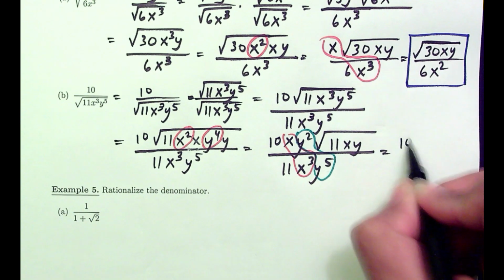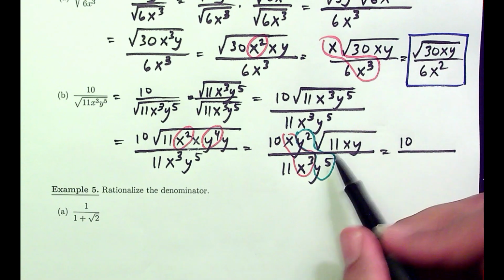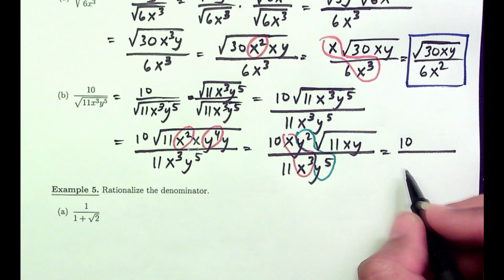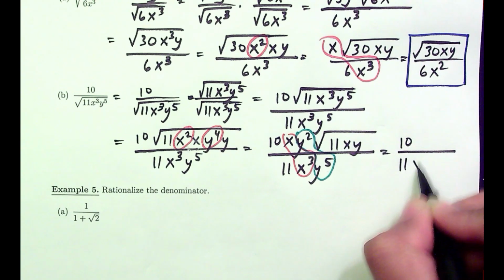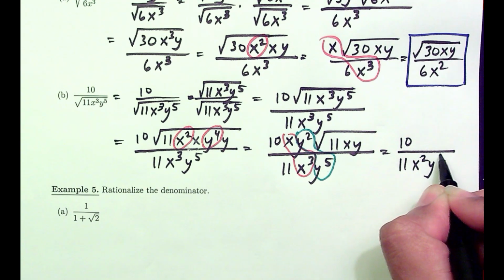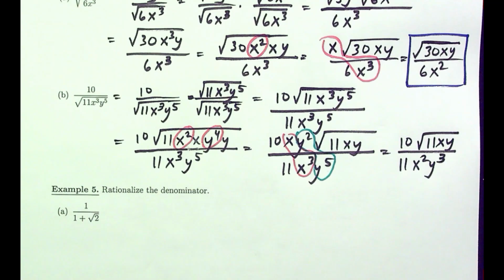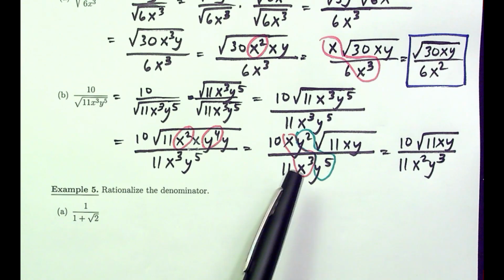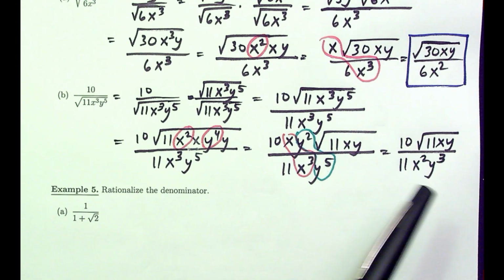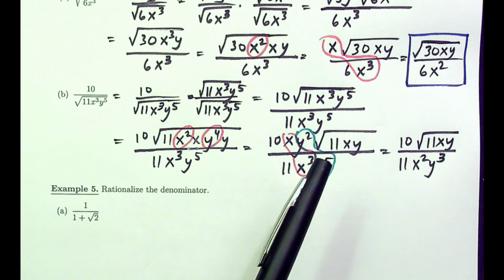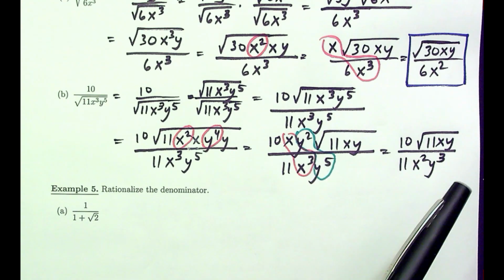So it's going to be 10, and then if you have y squared on top and y to the fifth on bottom, subtracting, you have 3 on bottom. So this is going to be 11 x squared y cubed, square root of 11 x y. Okay, so we subtract the exponents. 1 minus 3 is negative 2, but the fact that it's negative means it's on the bottom, so x squared on bottom. 2 minus 5 is negative 3. The fact that it's negative means it's on the bottom, so y cubed on bottom.